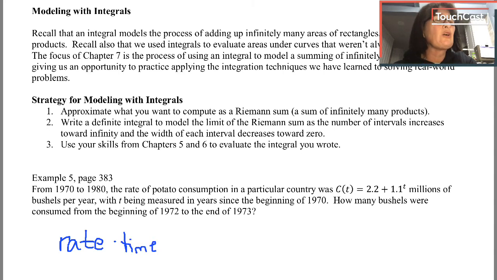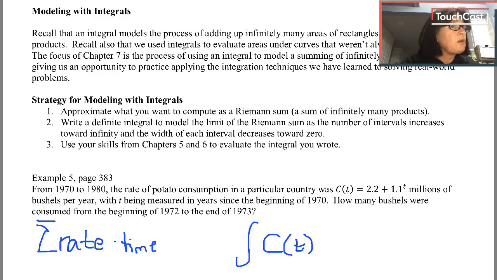And if I want to do that over very small time periods and then add up all the numbers of potatoes that got consumed, that's what I want to do. So I could think of this as a Riemann sum. That's going to help me think of how to write my integral. That's going to be rate, which is c of t, times a very small change in time, which I'm going to call dt. These limits, well, maybe you didn't know those were limits.